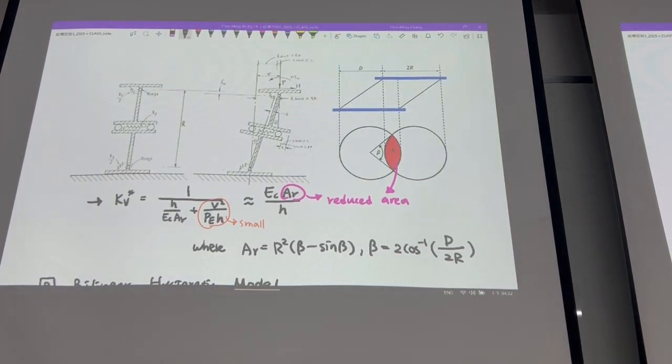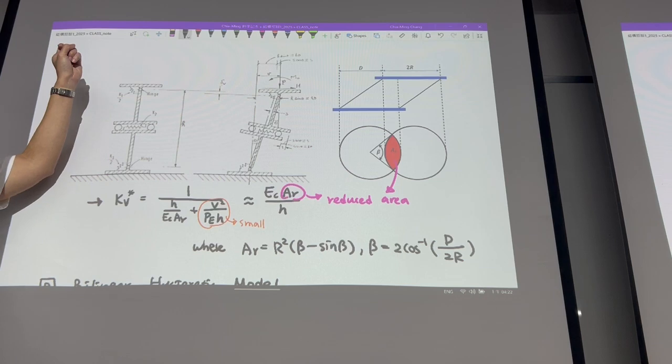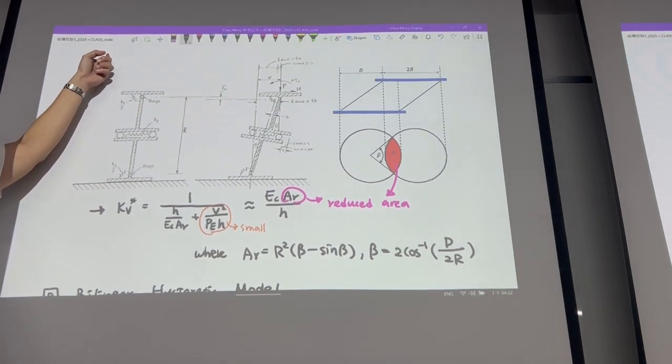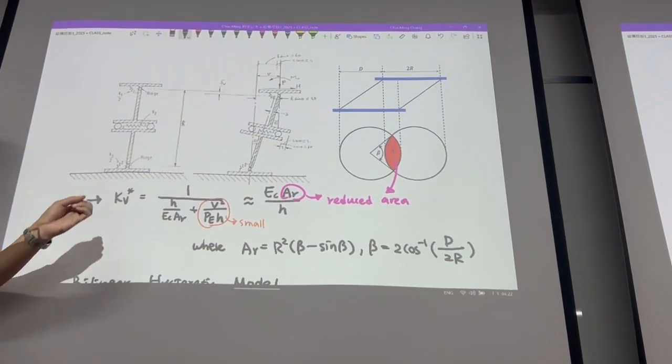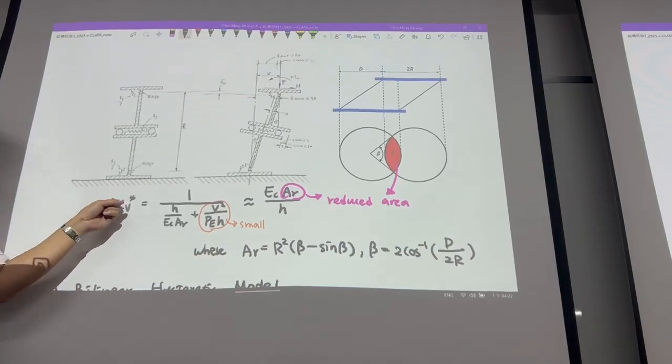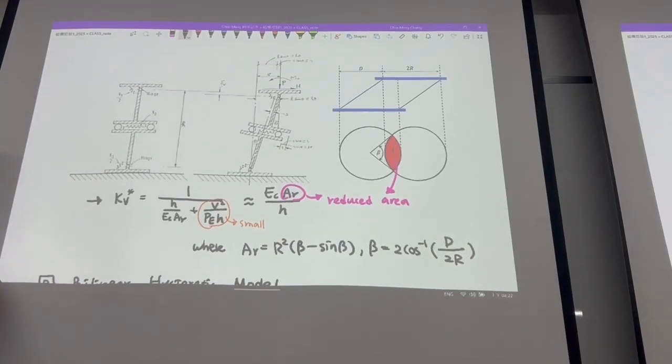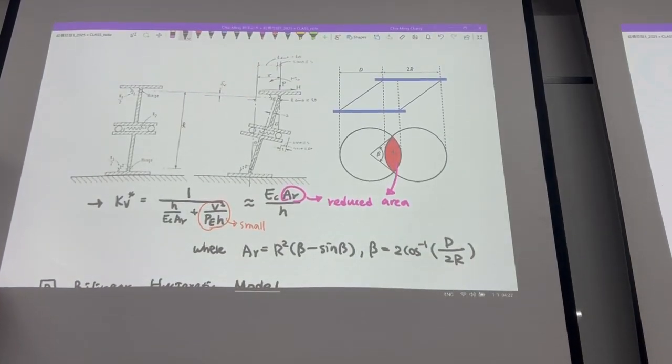So in the simulation, again, you have to update your horizontal stiffness every step. You should also update your vertical stiffness every step.